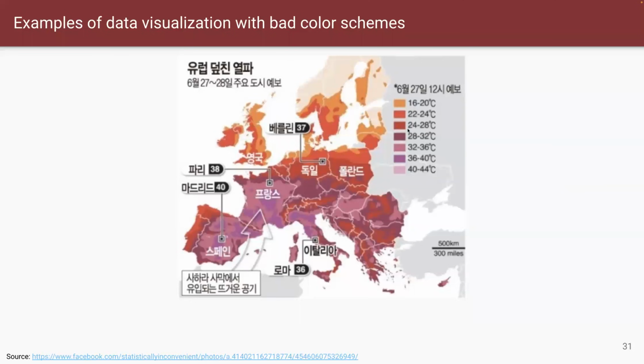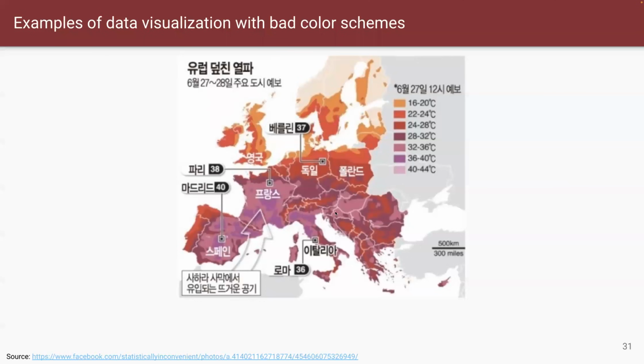This is crazy because the color scheme has to go from light to dark, right? But it's totally fair to bring that message, right? So we don't know which area is the hottest in this plot, right?